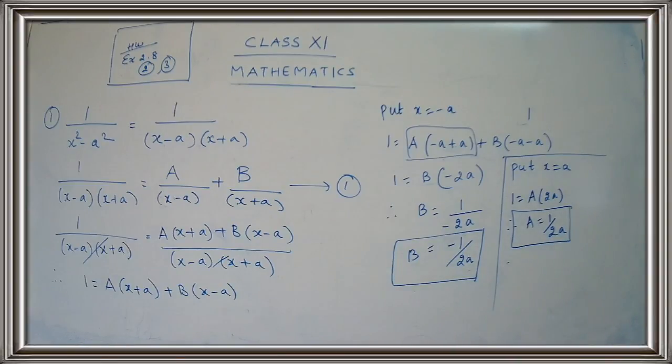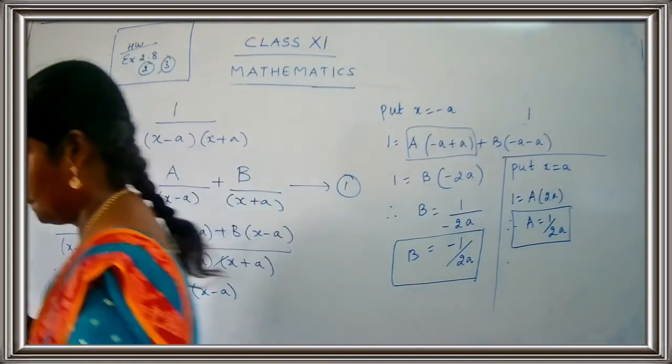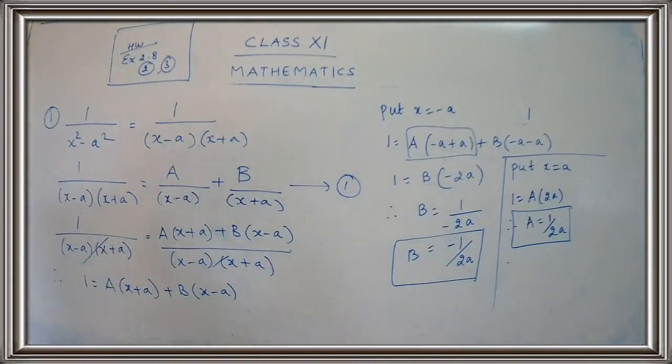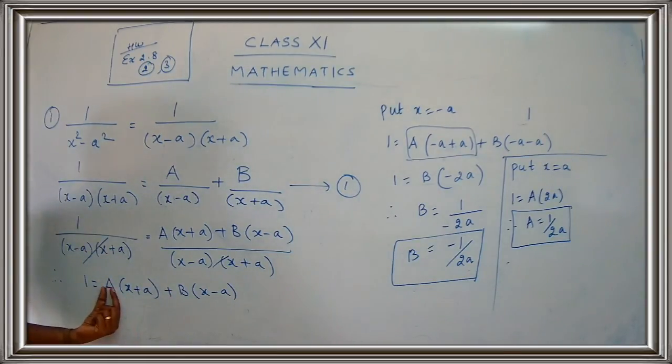So we have found the value for b, and also we have found the value for a, b and a. Now let us complete the answer. I hope you are clear, children. So how to choose the value? Be careful. See, you have to get the value for a and b. So we cannot find out two unknown values. So what you have to do is we have to remove one value at a time. So how can you remove this a? Here x is with plus a. So if I put here minus a, what will happen?